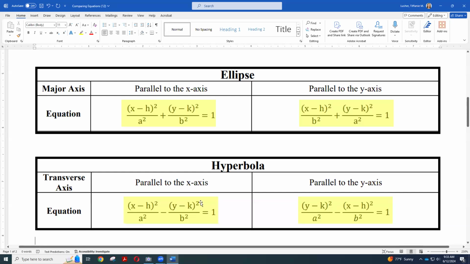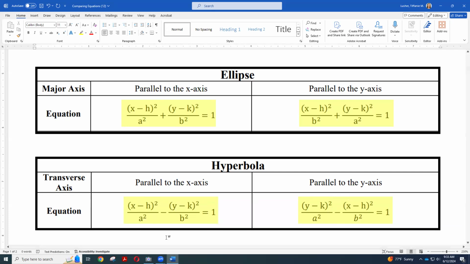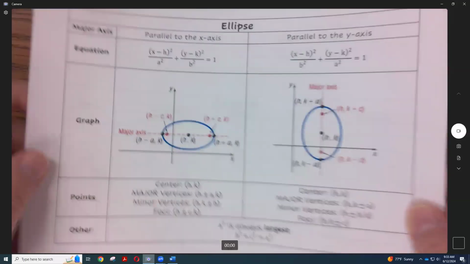If our larger number, a², was under the y, it was parallel to the y. When you go to hyperbola, since my (x − h)² quantity can switch places, if you notice these denominators, which really bothers me that the font is off, but you get the point, the a² and b² stay the same. a² here always comes first. That's going to be the biggest change when we have these. And if you look at your formula sheet, which is in the extras as well, I make that very clear.